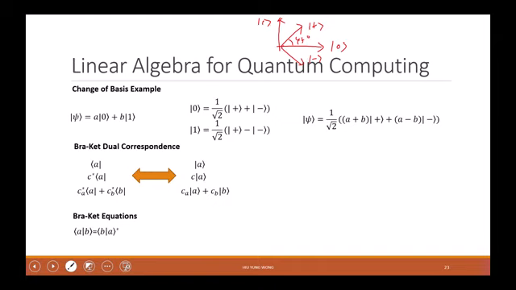For example, in the spin, the magnetic field is pointing upward, and you do the measurement of the spin of the electron. It only has 2 eigenvectors, either spin up or spin down, because this is the only thing we can distinguish when you measure the energy of a spin in the magnetic field pointing up. You can either get higher or lower, and these are the only 2 possible values.